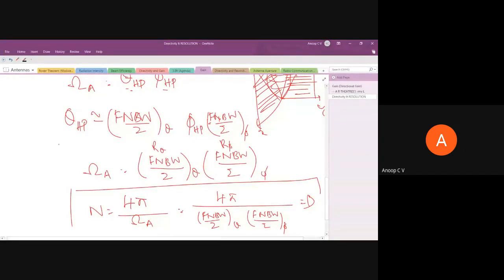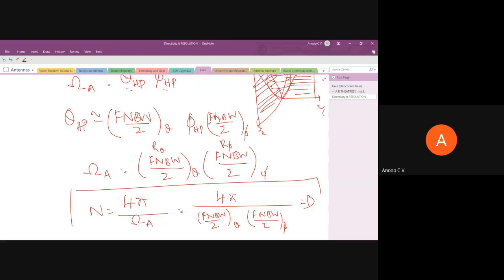If you are asked a question: an antenna with so and so radiation pattern, find the total number of uniformly spaced point sources on a sphere that an antenna placed at the origin can resolve. The answer would be its directivity, numerically equal to its directivity. So D is the number of mutually exclusive portions into which an antenna beam can divide a sphere.